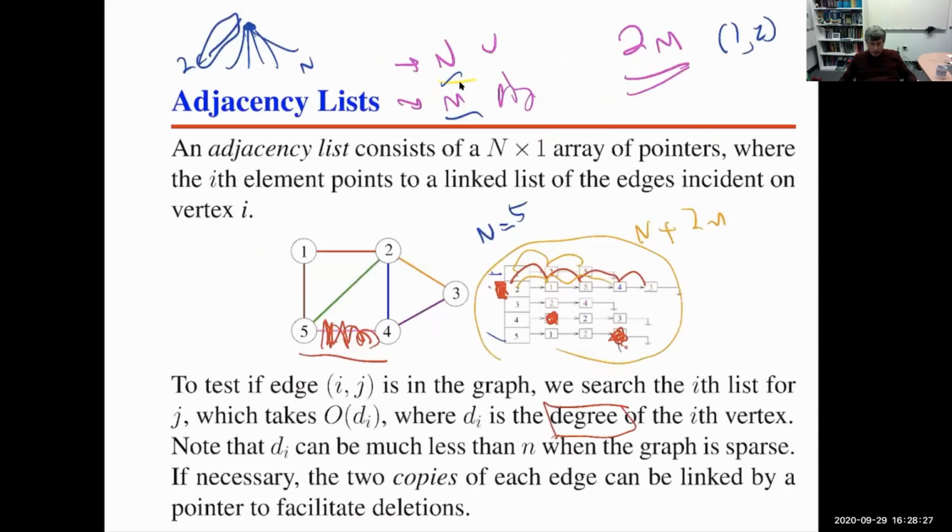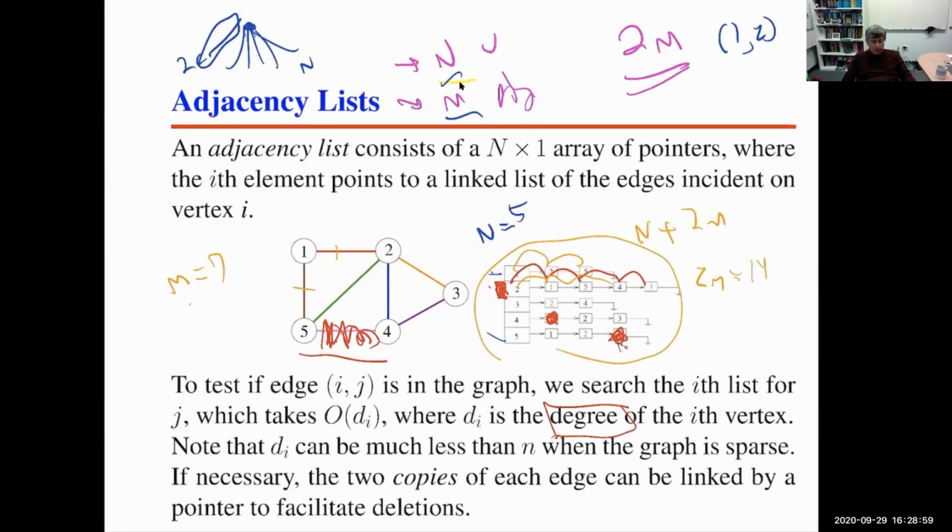So it was n plus 2m. If it's an undirected graph, how much is the total length of all these lists? As I showed you, here there were a total of m equals 7 edges. And when I look at this, you should convince yourself you have 2m equals 14 entries on these lists.